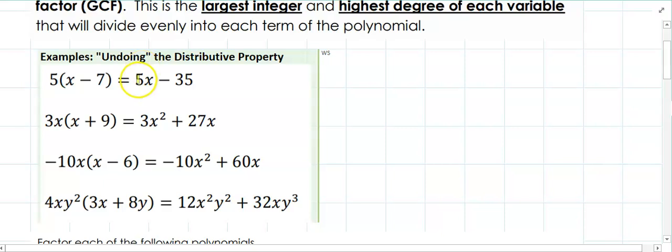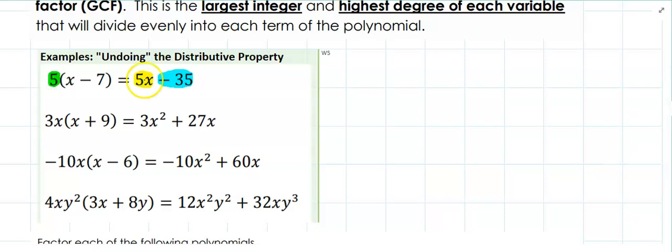So for instance, in the first example here, I have a 5x and I have a negative 35. Those are my two terms. What do 5 and 35 have in common? Is there a number I can divide both of them by? And the answer is yes. I can divide them both by 5.